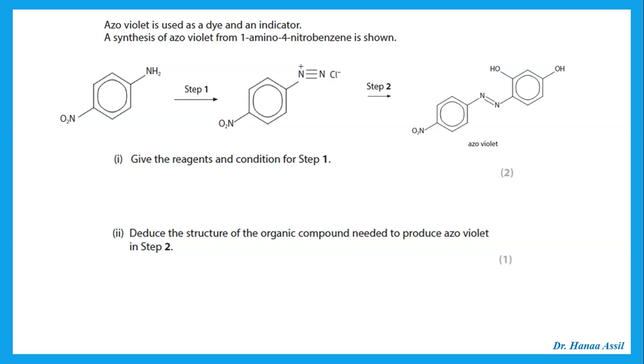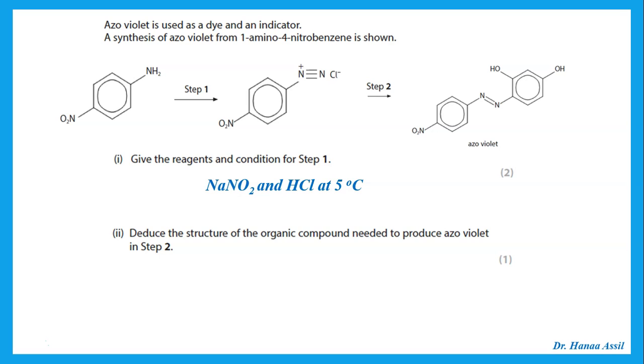Azoviolet is used as a dye and an indicator. A synthesis of azoviolet from 1-amino-4-nitrobenzene is shown. Give the reagents and conditions for step 1. Again, how do we change amine into diazonium salt? We said we add sodium nitrite and dilute HCl at 5 degrees Celsius.